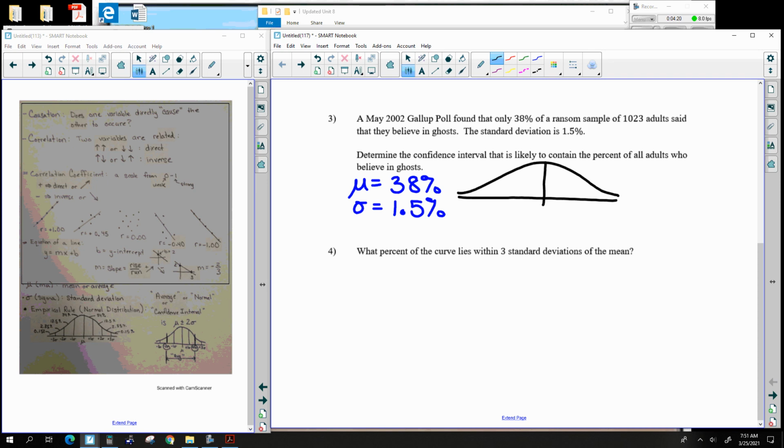So again, the average goes right smack dab in the middle, so that's 38. And then we go up by standard deviations. Standard deviations in this case are 1.5, so this would be 39.5, 41, and then 42.5.